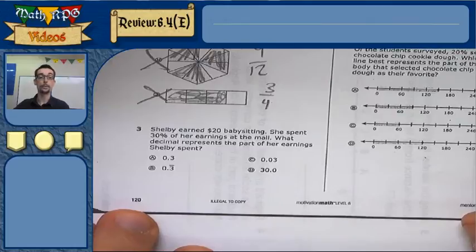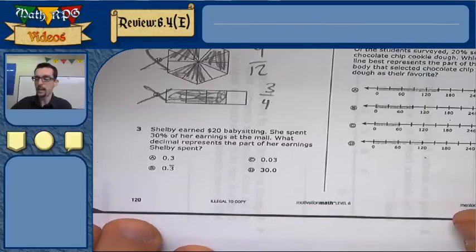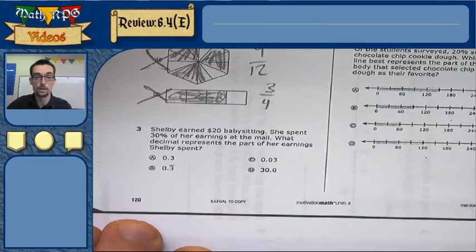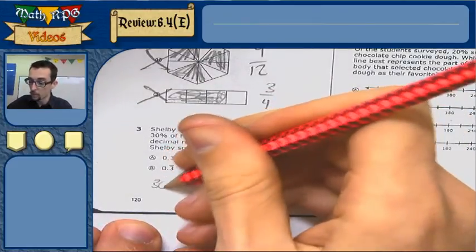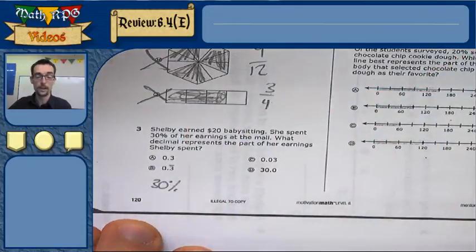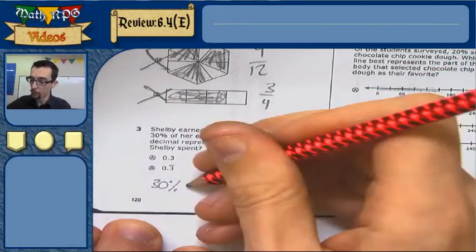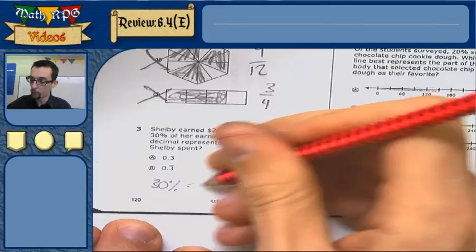Shelby earned $20 babysitting. She spent 30% of her earnings at the mall. What decimal represents the part of her earnings Shelby spent? Wow, awesome. Guys, this is a problem you don't even have to calculate. It's not asking you to find how much money she spent. It's just asking you to convert 30% to a decimal. So 30%, remember, means 30 out of what? 100.